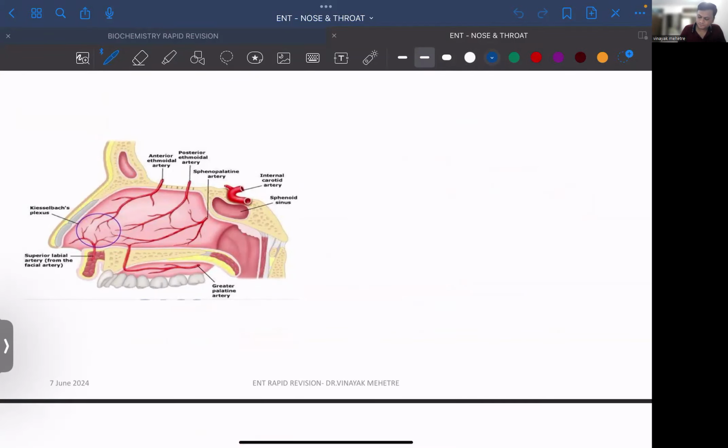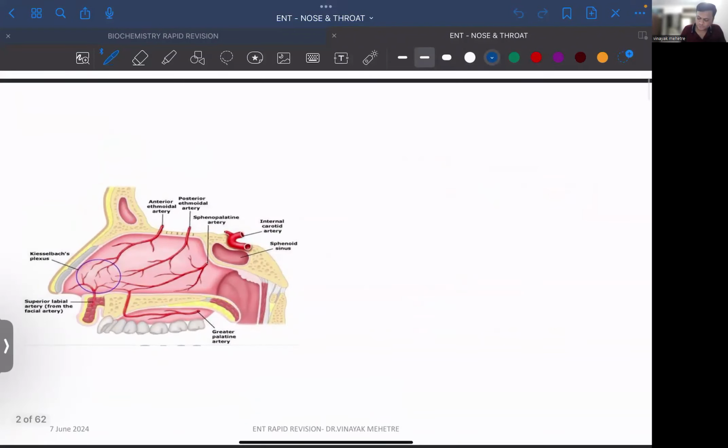Nose blood supply. You get confused between nose blood supply and Little's area or Kisselbach's plexus. Nose blood supply has how many arteries? These are five arteries. Okay, five arteries.